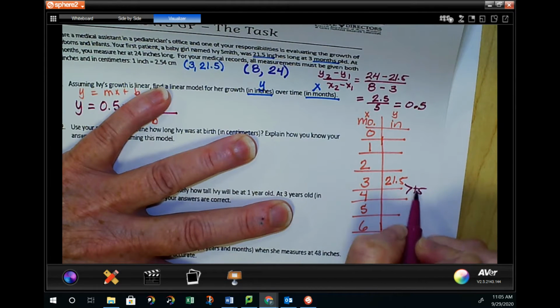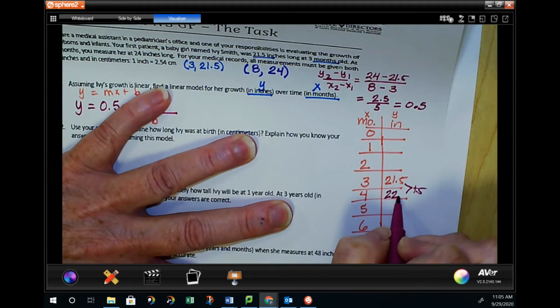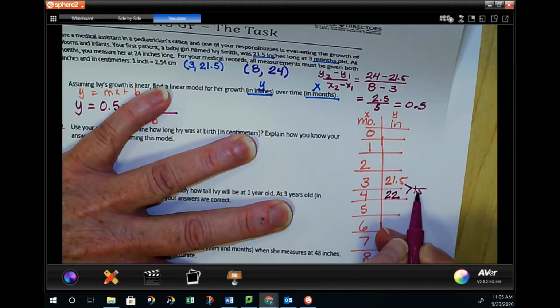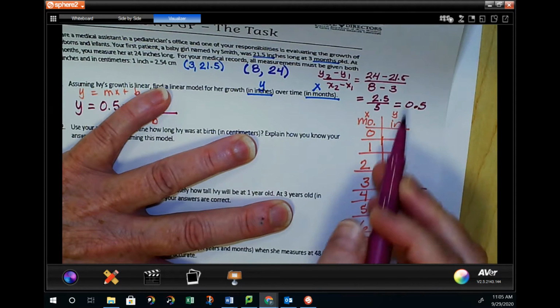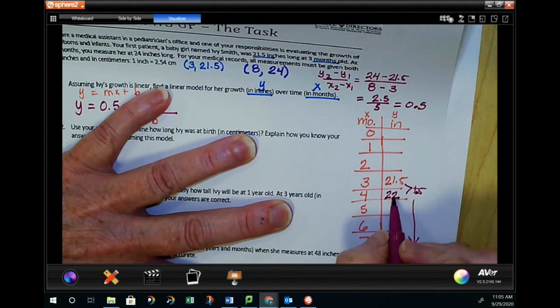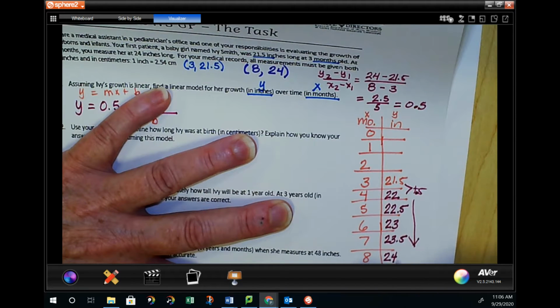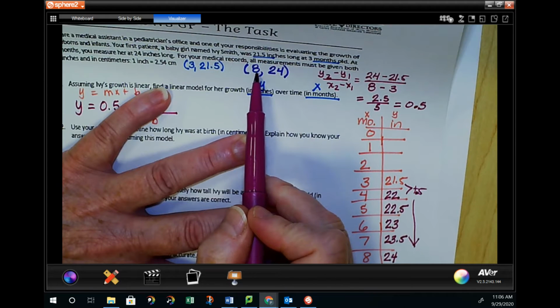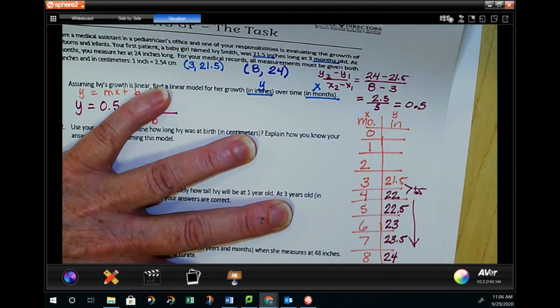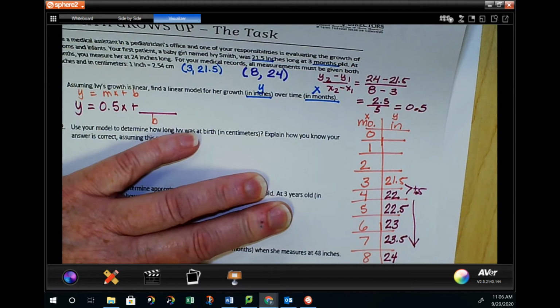So 21.5 plus 0.5 is 22 inches. 22 plus 0.5 is 22.5. I keep adding 0.5, so then this would be 23, then 23.5, and then 24. That worked out because at month 8, I got 24 inches. So that worked out perfectly.